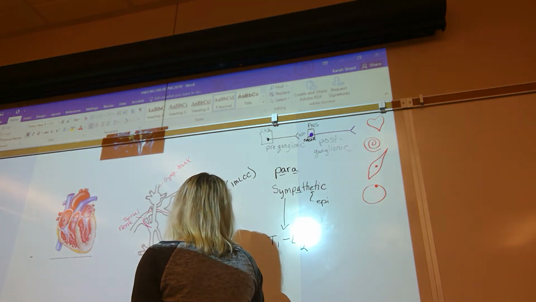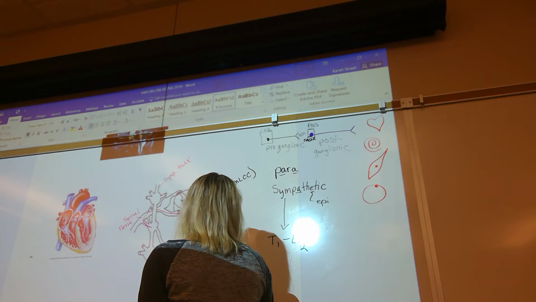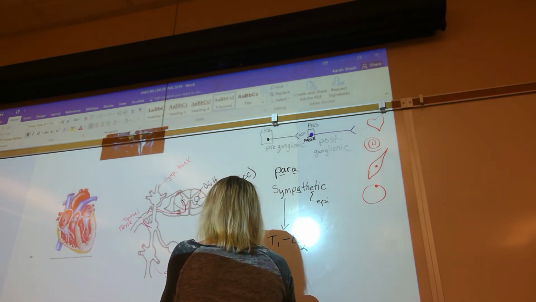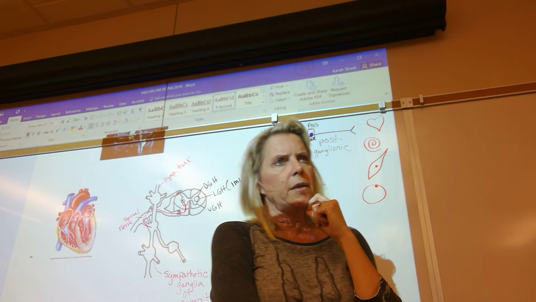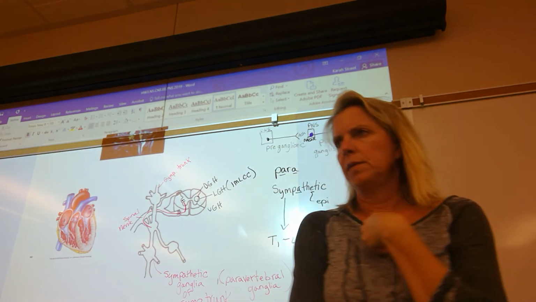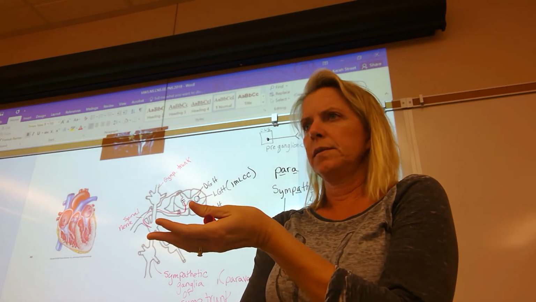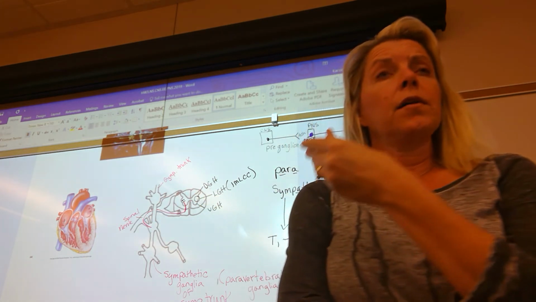The other term for that is paravertebral ganglia. If I ever say paravertebral ganglia, it means ganglia that are next to the vertebrae. That's where you're going to find the sympathetic trunk and all the ganglia.